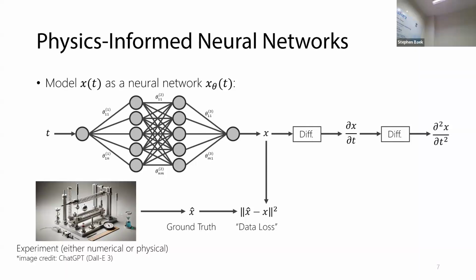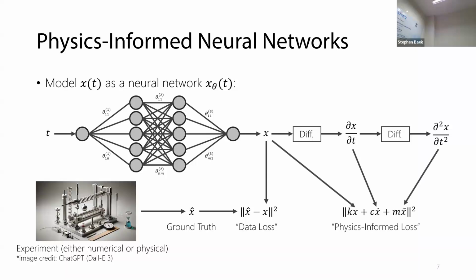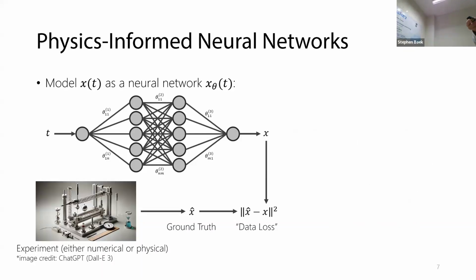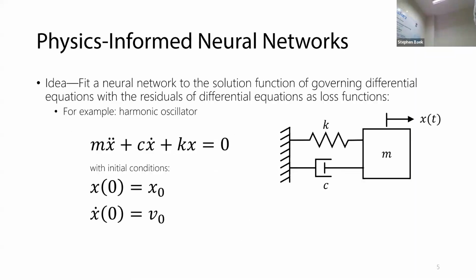And using those, we're going to construct yet another loss term called the physics-informed loss. The physics-informed loss is nothing more than the residual of the governing ODE. Remember that? This one over here.